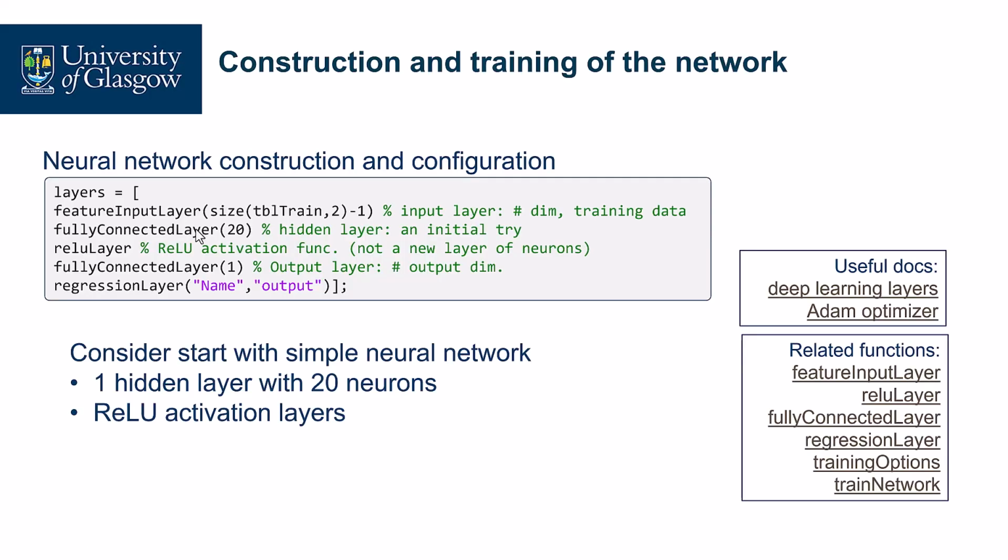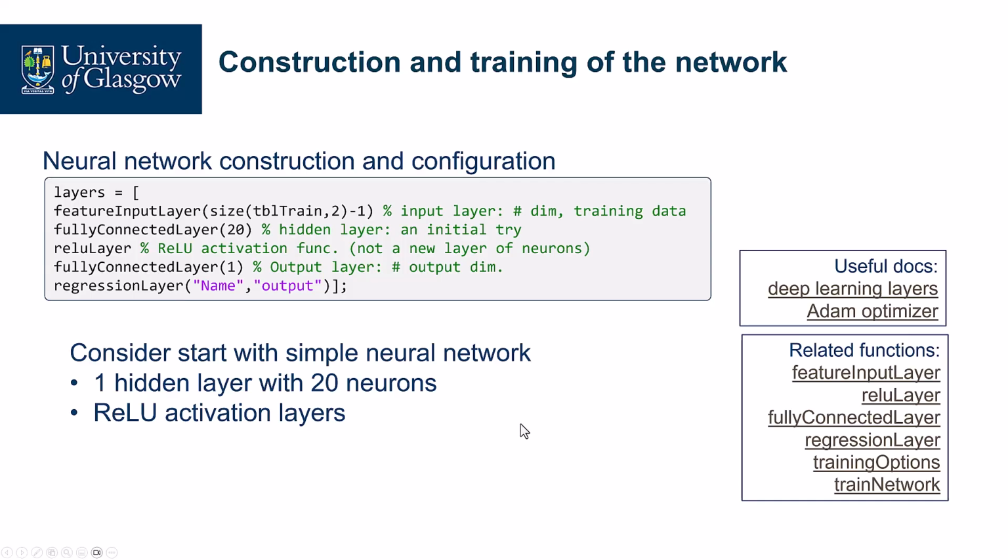This is the hidden layer. Then I add a ReLU layer. This doesn't mean another layer; it means that the hidden layer has the ReLU activation function. Then I provide the output layer with 1 output. Then this is a regression layer. So this is how we build a neural network. For details, you can look at that, right?